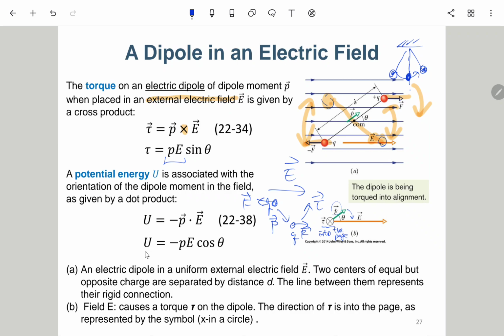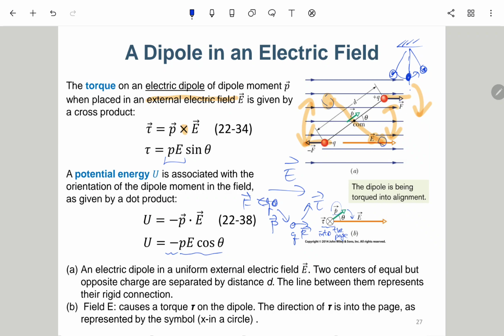The potential energy will be negative P dot E. For the dot product, the magnitude will be the product of the magnitude of P and E, so PE times the cosine of theta, and then with a negative sign.